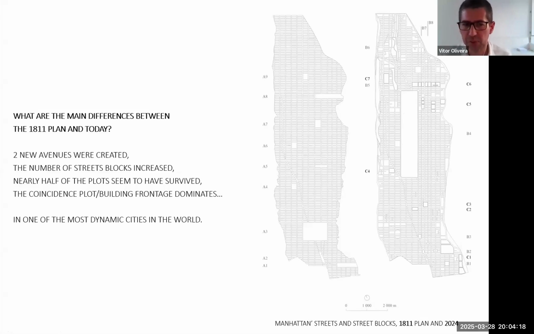Nearly half of the plots seem to have survived, and this is absolutely remarkable if you think that these are 6 to 7.5 meters wide plots, and the coincidence between building and plot frontages dominates the urban landscape of Manhattan. This is quite something for a city that is one of the most dynamic places of the world.